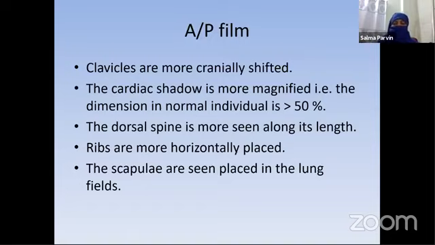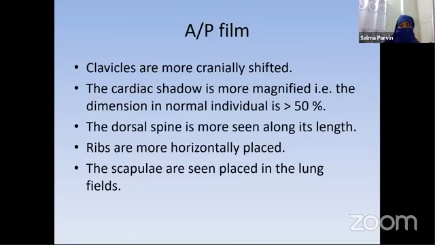So the dorsal spine is more seen along its length, because there is no cardiac shadow here to disturb the visualization of the spine. So the dorsal spine is more seen and the ribs are more horizontally placed.